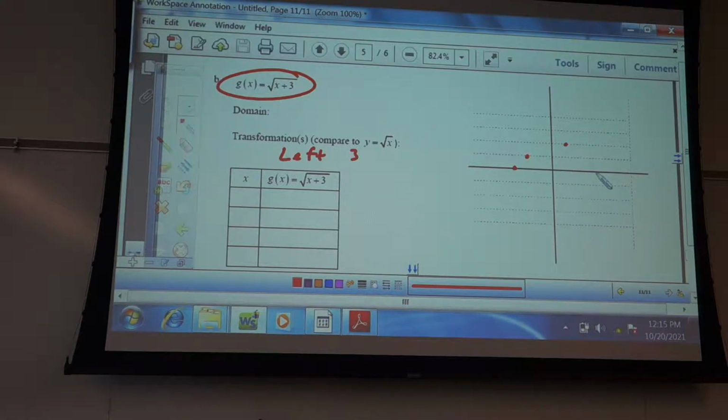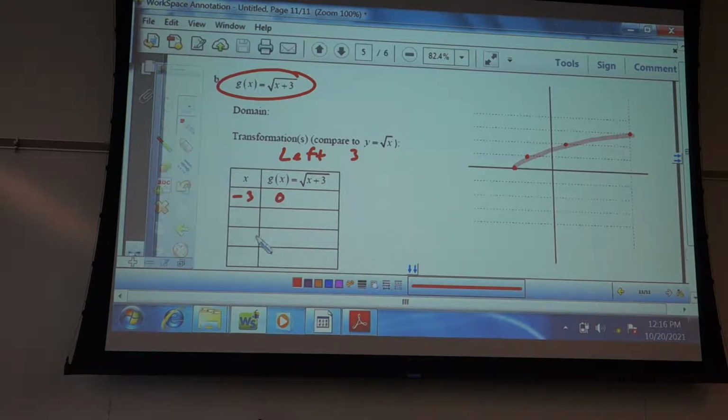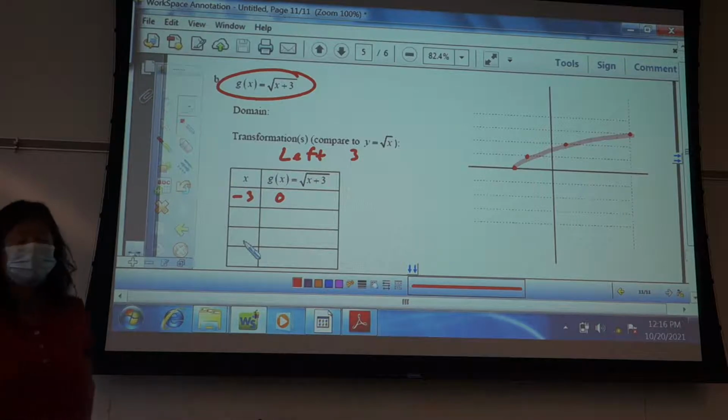Over 9, up 3. Then graph them, mark in those points. Mark in the other 3 points.